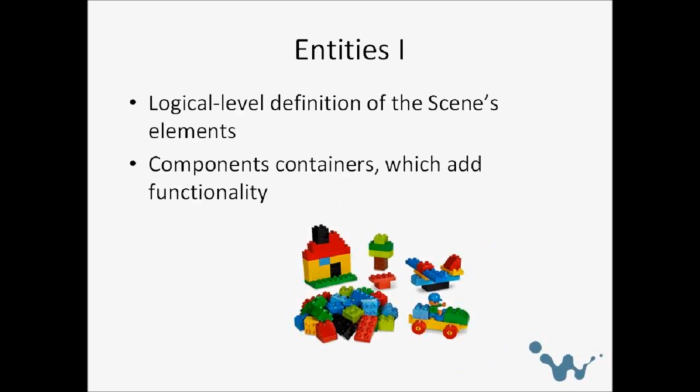For example, one component of the entity house could be the 3D model of the house made with Visual 3D Studio, for instance. Or another component of the entity car could be the behavior of the car when you press some keys on the screen of the mobile device and you want the car to move accordingly.